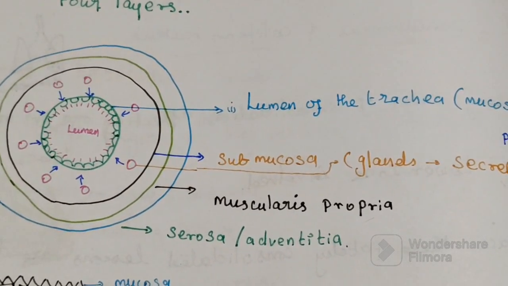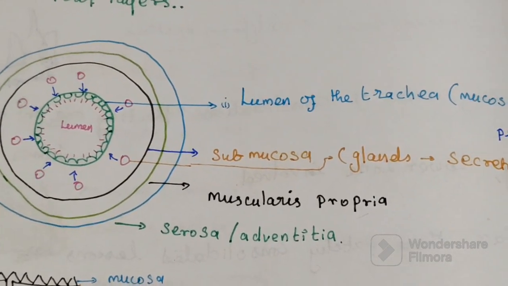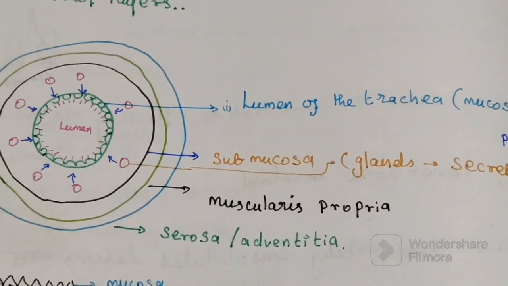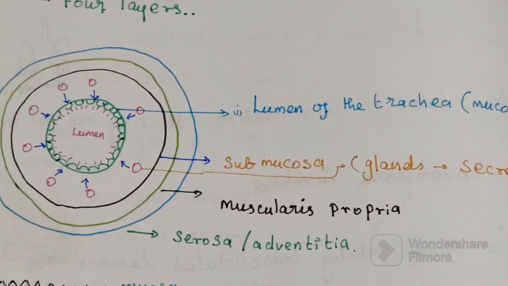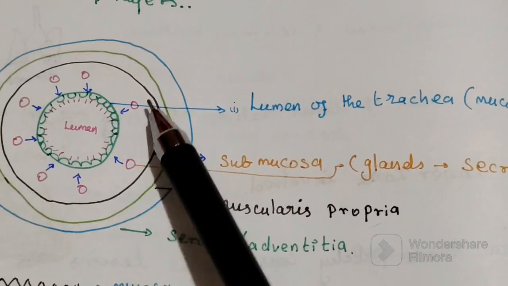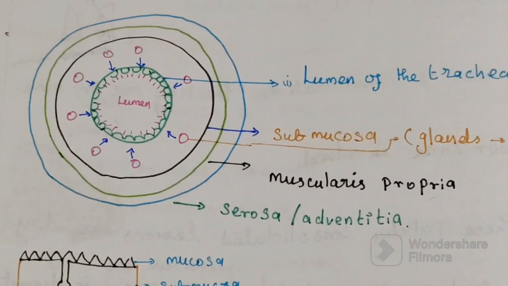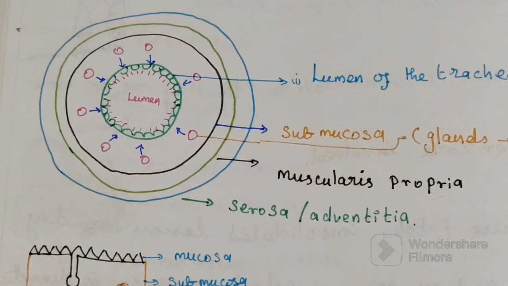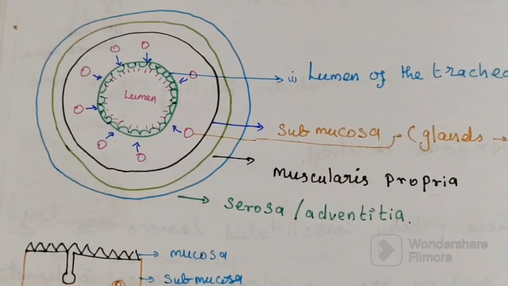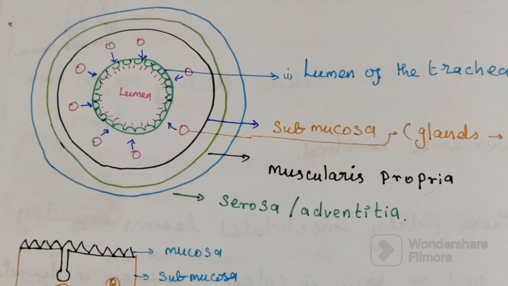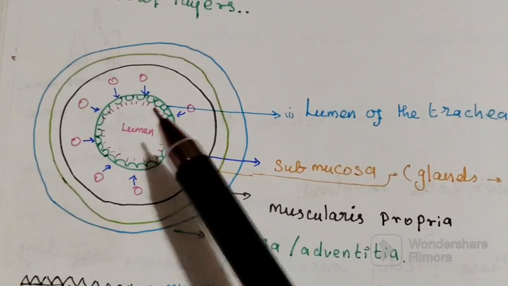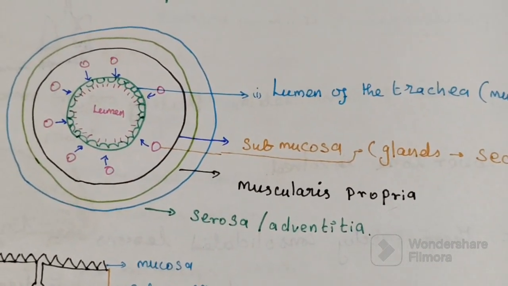So the lumen is lined by mucosa, and the second layer is called the submucosa, containing glands. These glands do the secretion. A moist secretion is secreted into the lumen by all these glands.